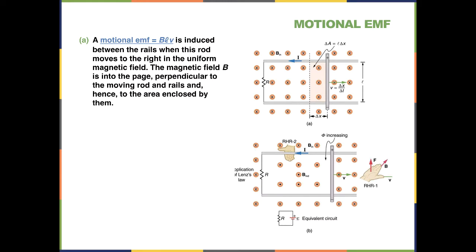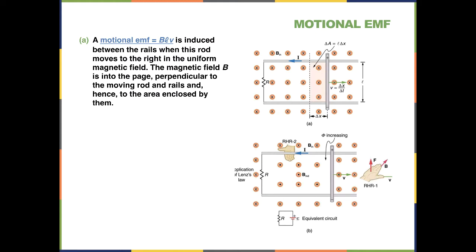Motional EMF is given by the formula shown here: the field times the length of the rod times the velocity of the rod. The length and velocity of the rod are related to the change in area. If it's moving from right to left, the flux is getting smaller. If it's moving from left to right, it's getting bigger. Therefore, in one instance the current is in one direction, and in another instance it's in the opposite direction.